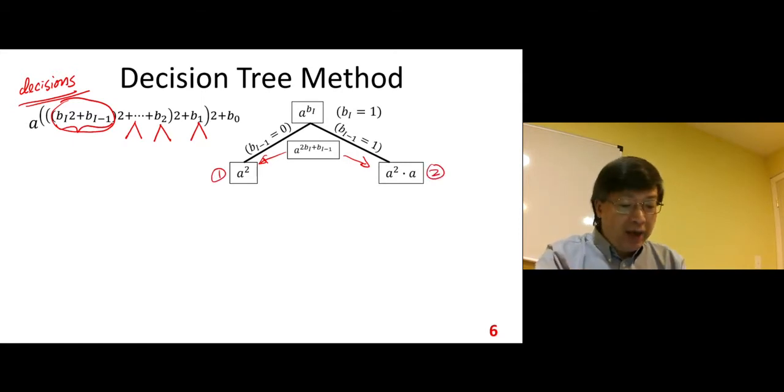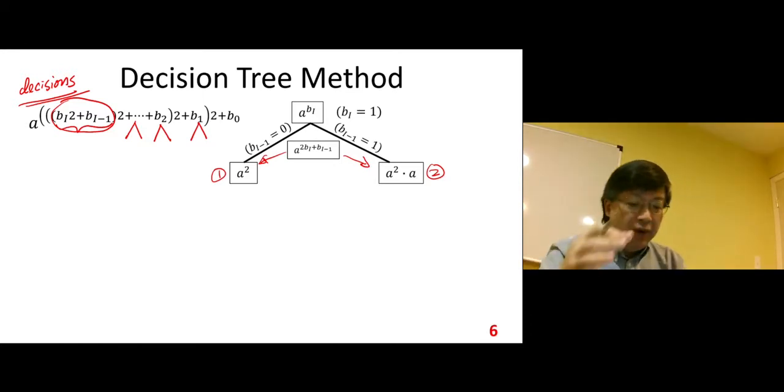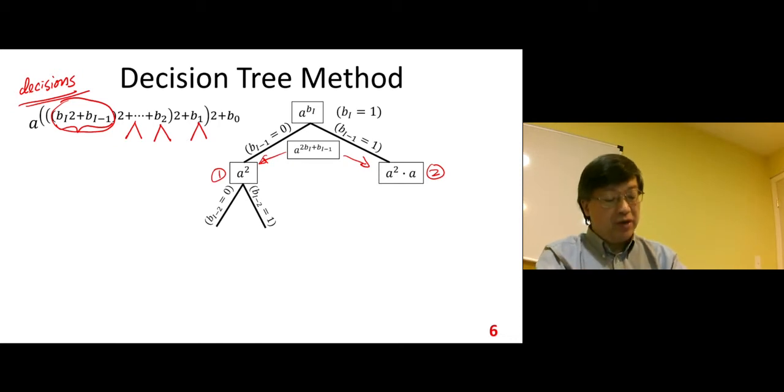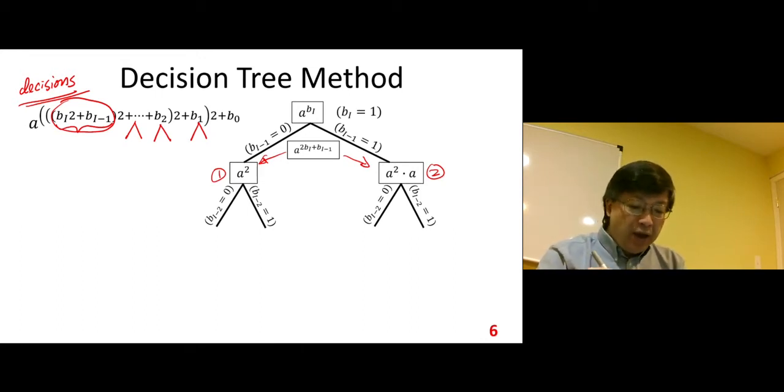Okay, all right. After that, when we go down to the next level, we need to make another decision. bi minus 2 equals 0 or 1. Here, similarly, bi minus 2 equals 0 or 1. Two decisions. But here, we want to combine these two nodes into one expression.